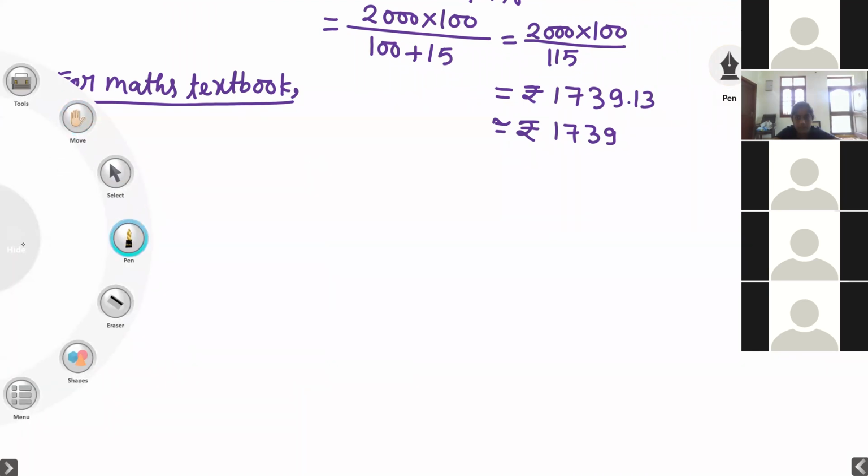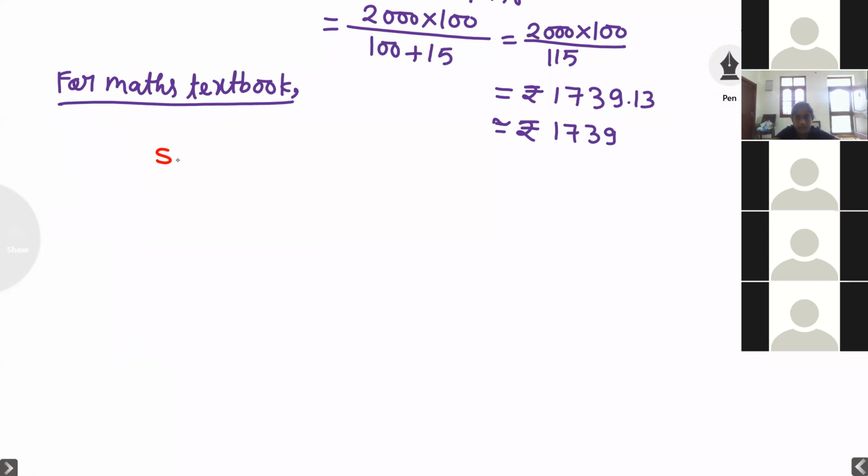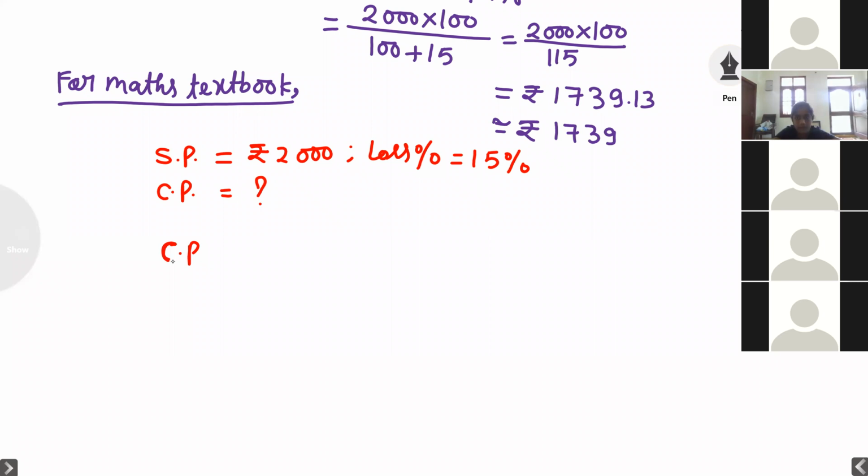SP is the same here. SP is equal to rupees 2000. The second time, loss percentage is equal to 15%, and we are asked for CP. Now CP is equal to SP into 100 divided by 100 minus loss percentage.